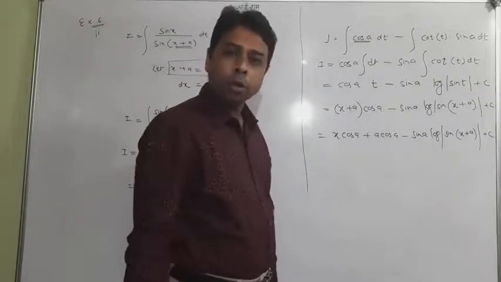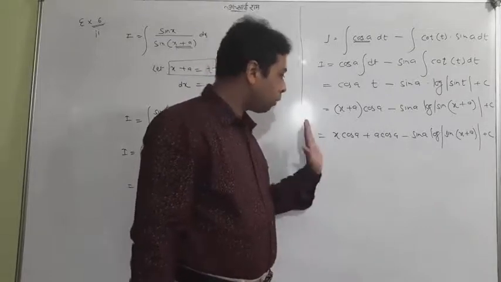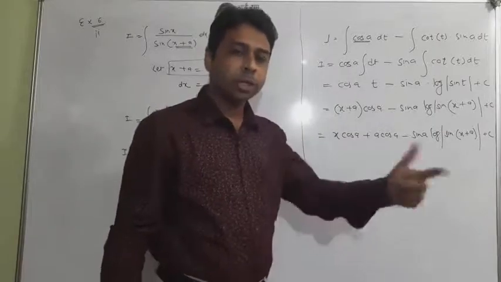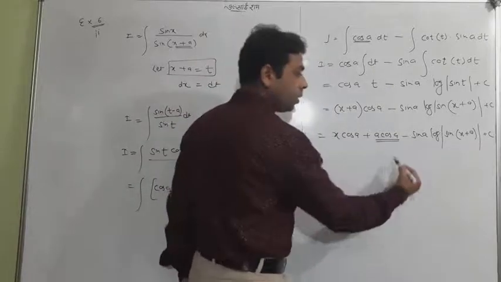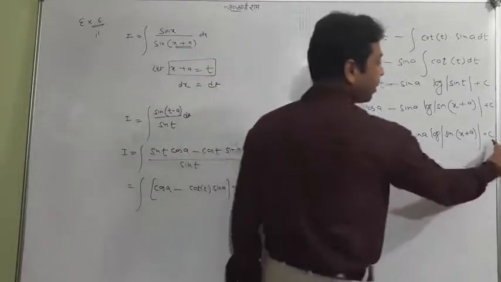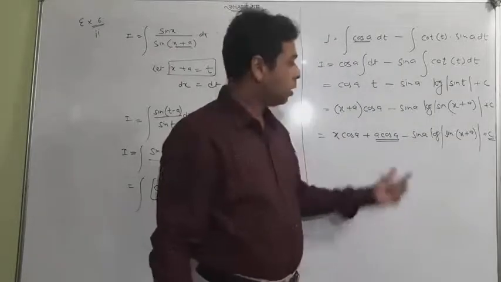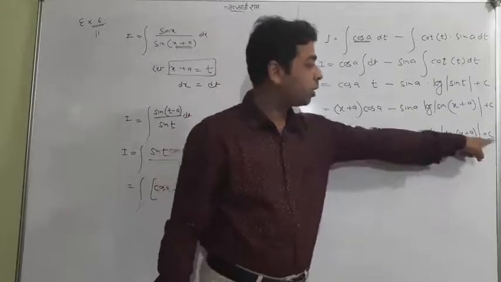One more thing which is actually very important: when you check your answer from the back of the book, you may feel that the answer is not matching with the answer given in the back of the book. Why? Because of a cos a and a c, both look like constants. They don't carry any variable, so they are constants.